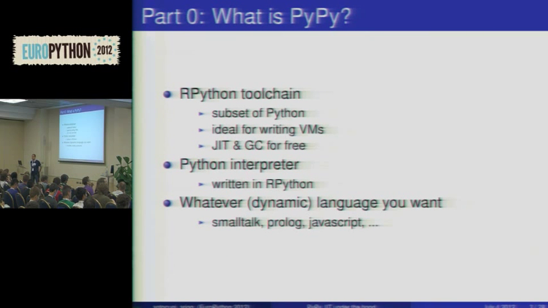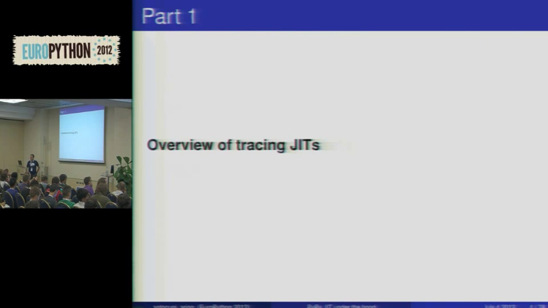Python is just an example, but then we have JavaScript interpreters, Prolog, Smalltalk, whatever language you want. And then, of course, there is the Python interpreter, which is the end goal of PyPy. And it's compiled using the RPython toolchain because it's written in RPython. As I promised, that was a 30-second explanation of PyPy.